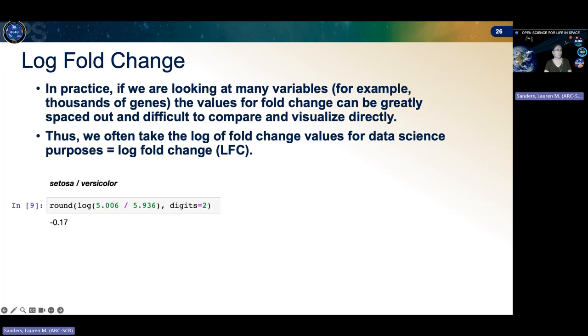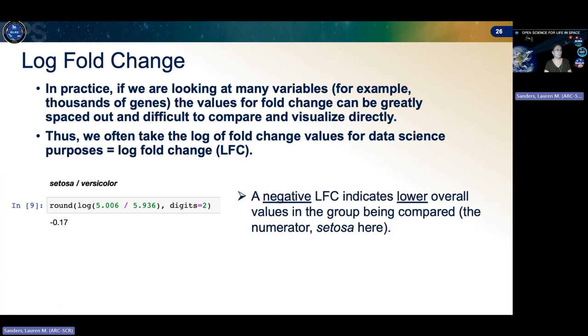So in this case, we again can do this in R, where we take the log of our ratios. The setosa over versicolor log fold change is 0.17, and it's just the inverse for versicolor over setosa.